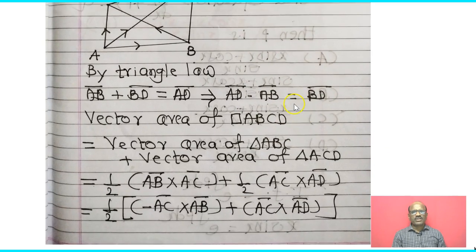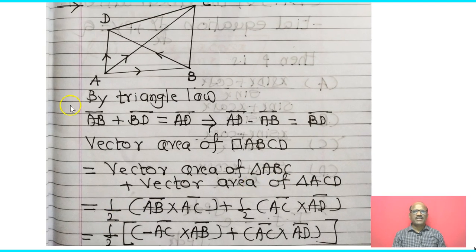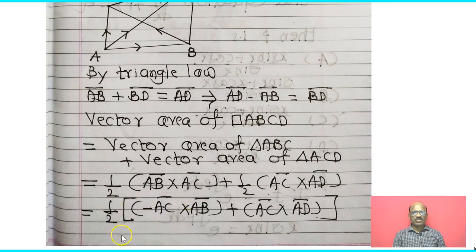The vector area of the quadrilateral is equal to the area of triangle ABC plus the area of triangle ACD. Now what about their areas? That is 1/2 AB into AC plus 1/2 AC into AD. Into means a cross product.